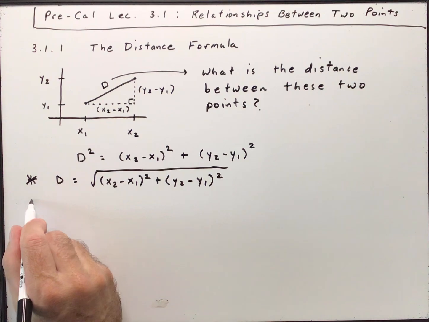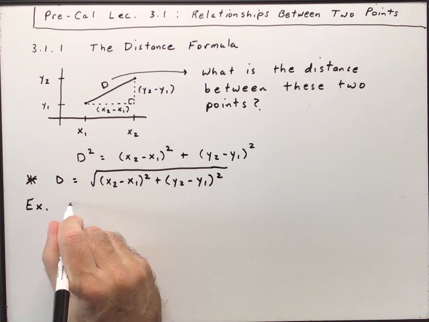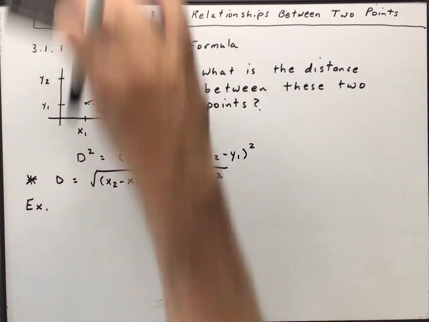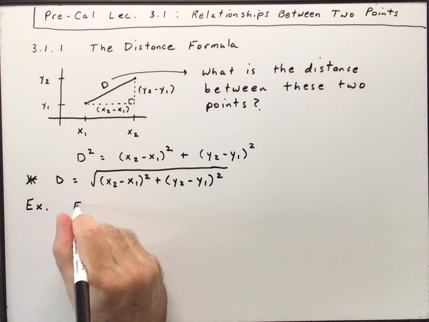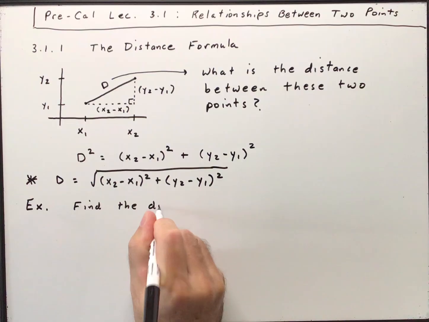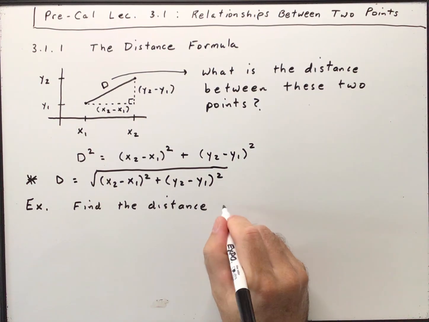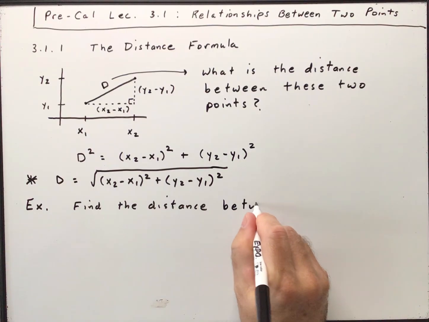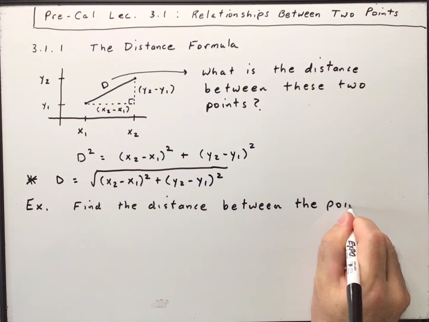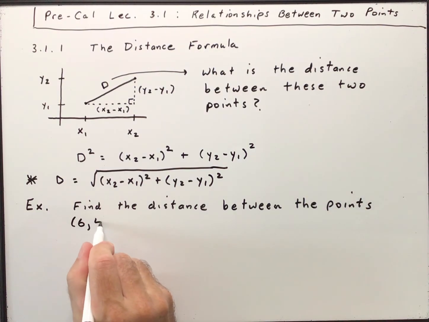All right, so let's do an example here. The question is, find the distance between the points (6, 4).